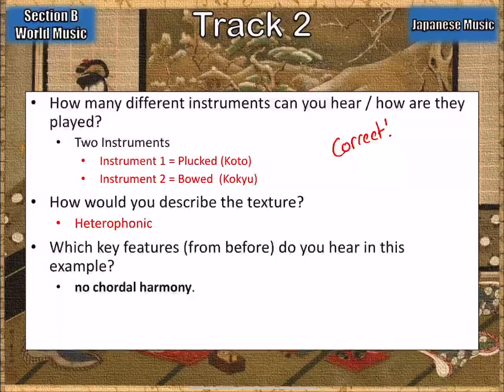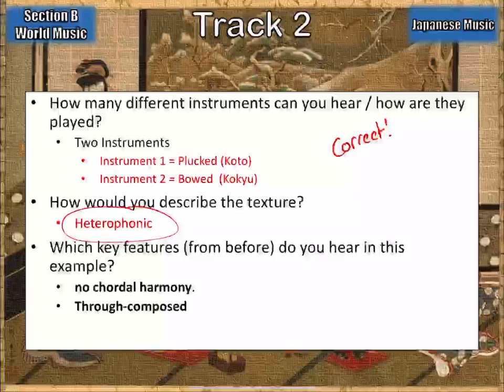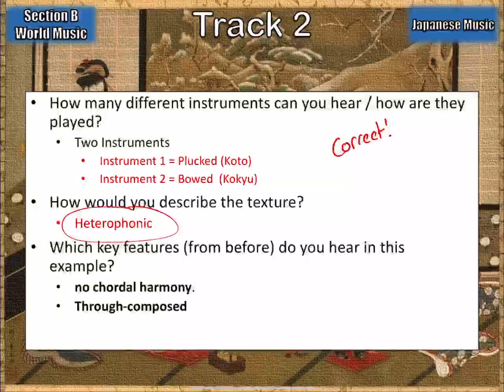You may have also noticed that there was no chordal harmony in this extract, and it was through composed. The melody didn't necessarily start together because it's a heterophonic texture, but we do hear points where the 2 instruments play together at the end of phrases. So you could argue that the 3 points that I made before are all evident in this example of music.